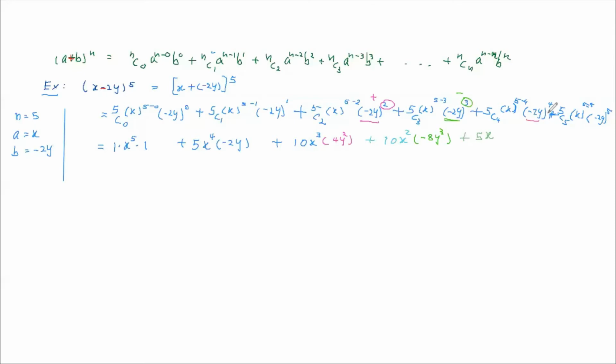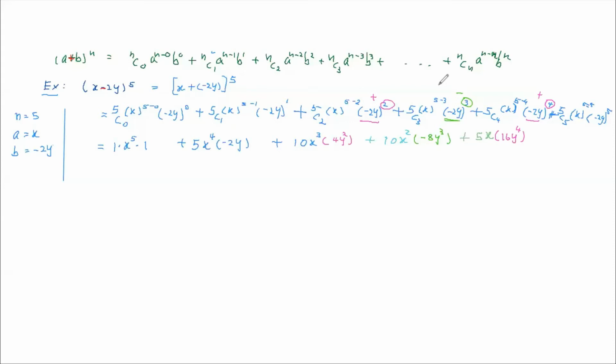This one, even index, the sign should be plus, and don't forget 2 power 4 and y power 4. So it comes out with a plus. So we have 2 power 4: 2, 4, 8, 16. 16y power 4. Plus sign, okay, but we don't need to write it down.